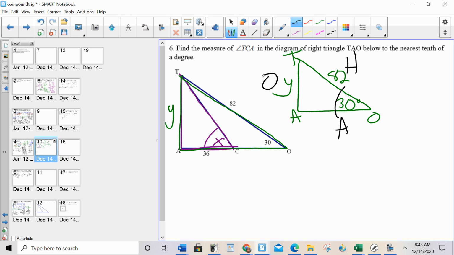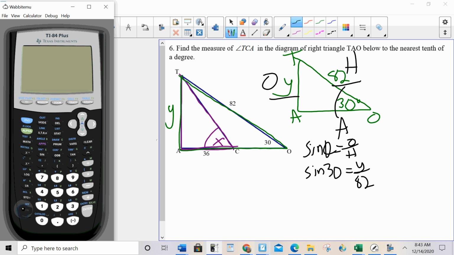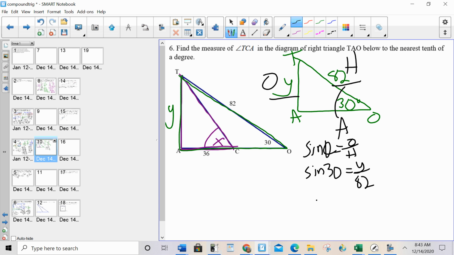HAO, H and O are involved, so it's sine. Sine theta equals O over H. Sine 30 equals Y over 82. Sine 30 is 0.5, one of our very few nice numbers that we get.